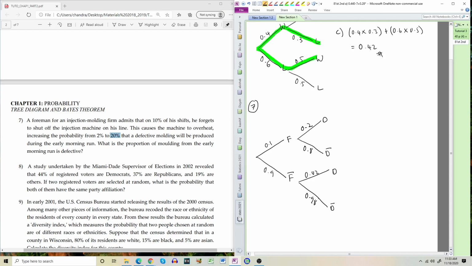What is the proportion of molding from the early morning run that is defective? So we are going for defective.